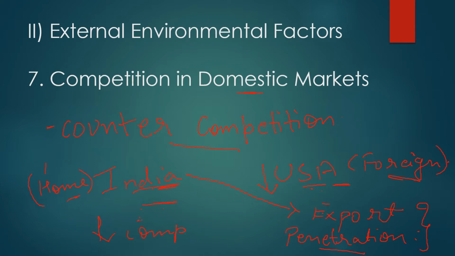So this is about competition in the domestic market. This is also the reason why firms enter into international marketing: they want to reduce the competitive strength of all those sellers who are selling their goods in the home country. Let us go to the next point.